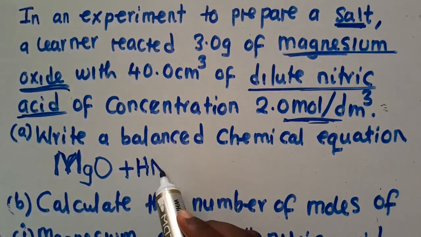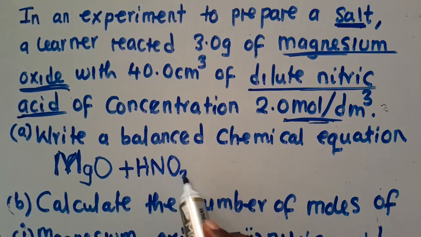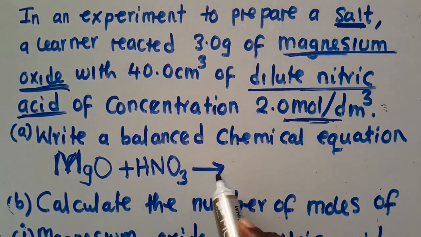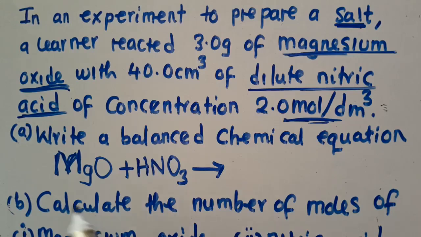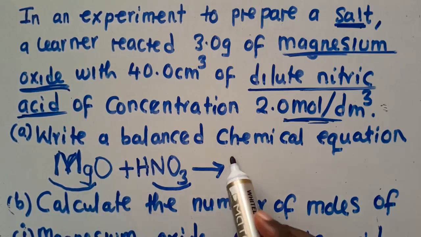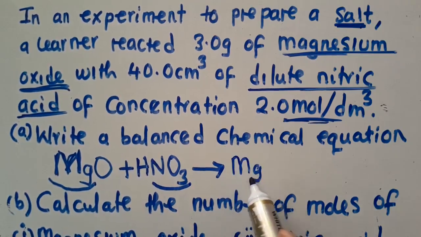So now, what are the products? What was the salt? What was the name of the salt that was formed? You know that this one is magnesium. Magnesium will react with that. So when these two react together, we are going to form magnesium nitrate.